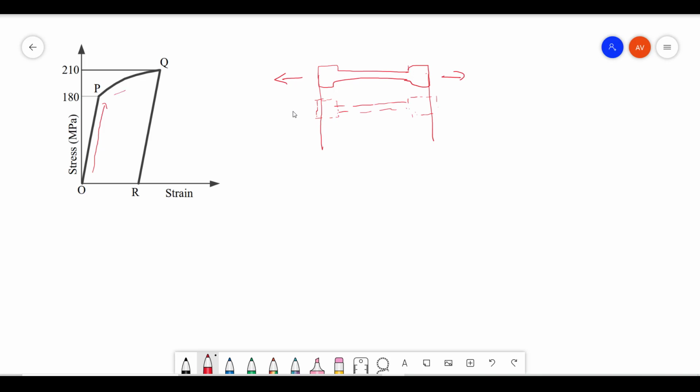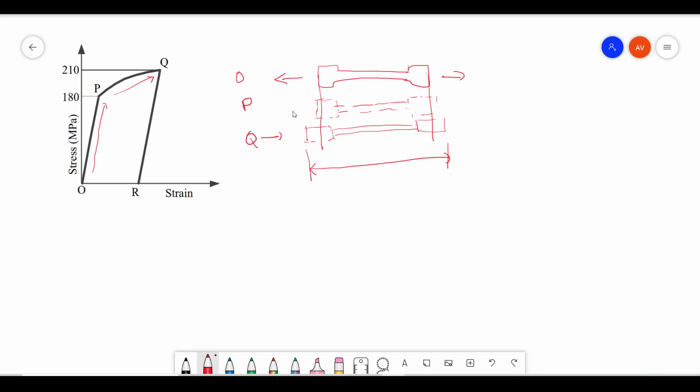and from this point again it deforms more. So let's say finally you are getting this. Let's mark this: this is point O, point P, point Q. Now you can see how much this has deformed. Your latest deformation is roughly this much, considering this as the length.